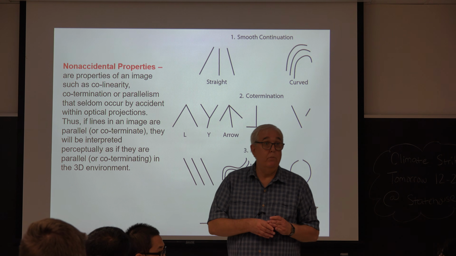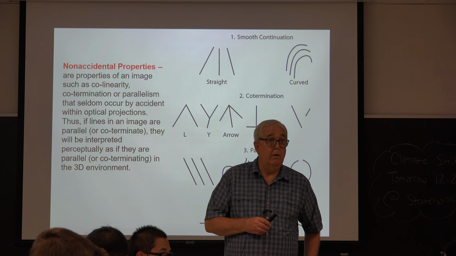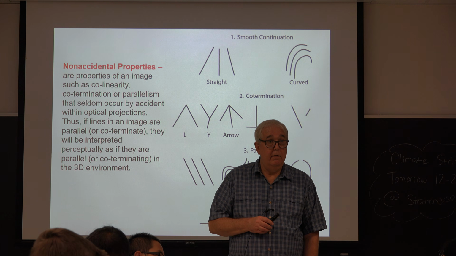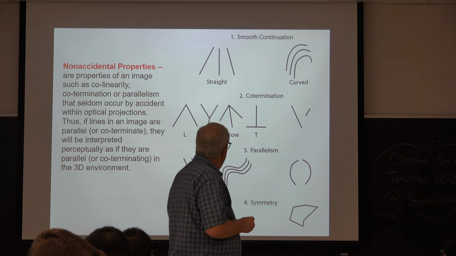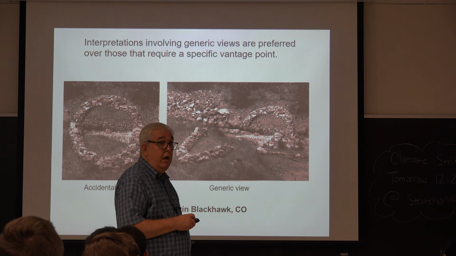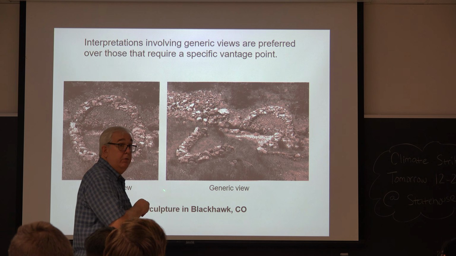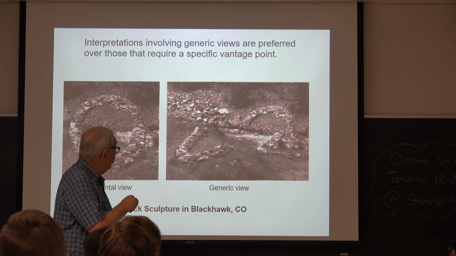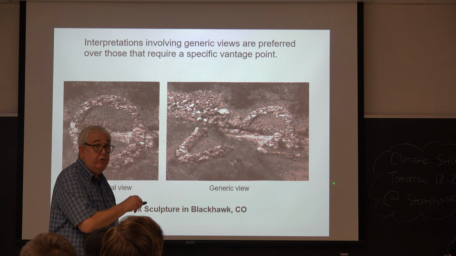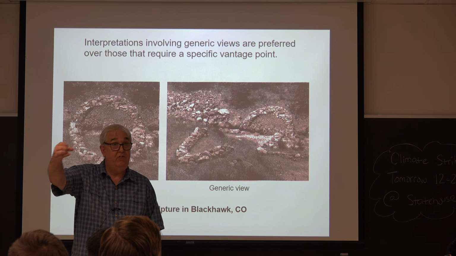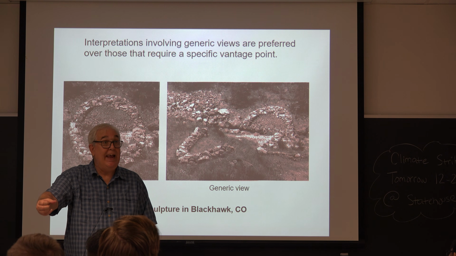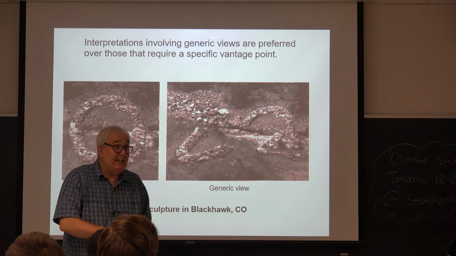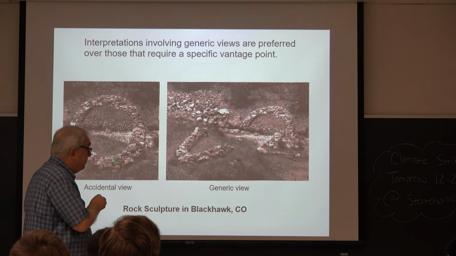Yeah? So is the example from the slide before not accidental viewing? Which one? This one? Yeah. This is an accidental view. This is a generic view. So from almost any vantage point, you'll see this. If you go to this sculpture, there'll be a specific point where it says, put your head on this spot. And that's where you'll see it just right.